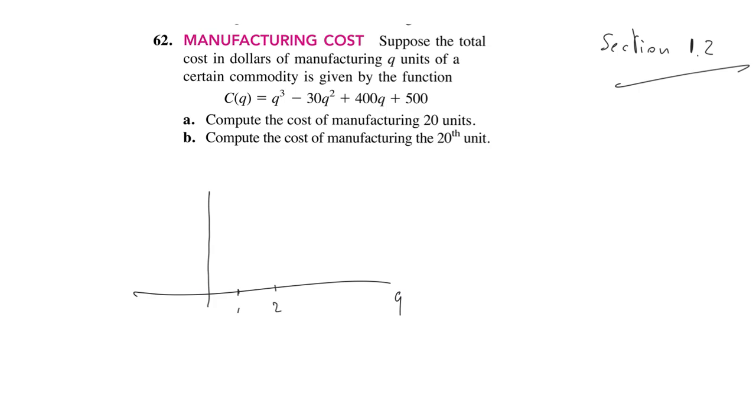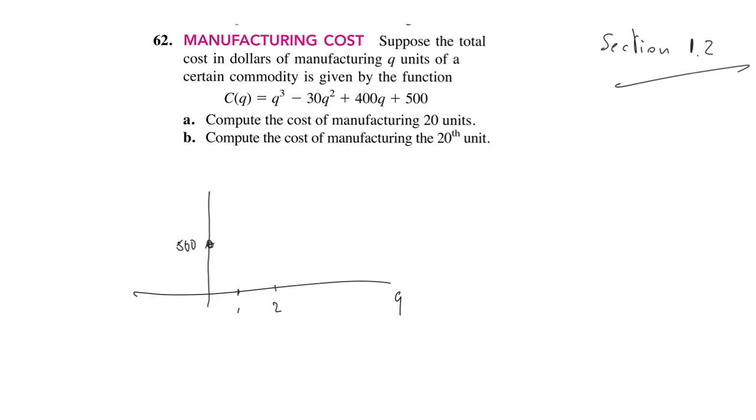For this model of cost, the model varies like Q cubed. When Q is 0, when you don't produce anything, the cost will be 500. So the function will start here.